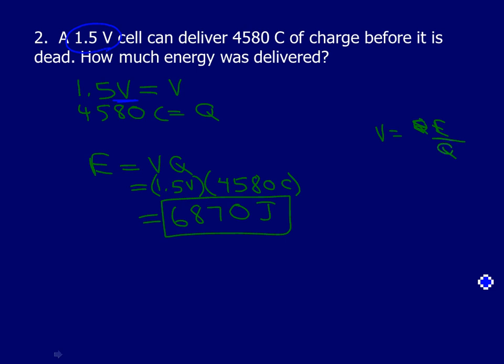And therefore, I'm going to rearrange this equation to move this Q to the other side, just like we did when we wrote down those three in our note. Which equation is that? If I want E, what is the equation for E by itself? Waiting on you, Rachel. V times Q. That tells me I'm going to multiply these two numbers together.